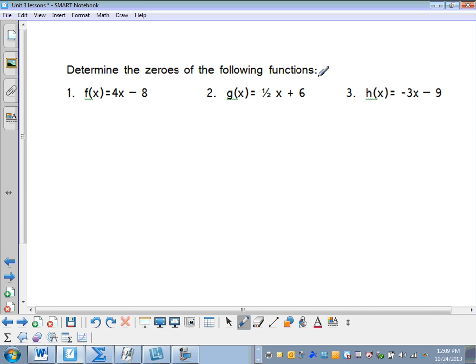Determine the zeros of the following functions. F of x equals 4x minus 8. So I want to solve for x when y is 0. Remember, we can rewrite this as y equals 4x minus 8. What is x when y is 0?